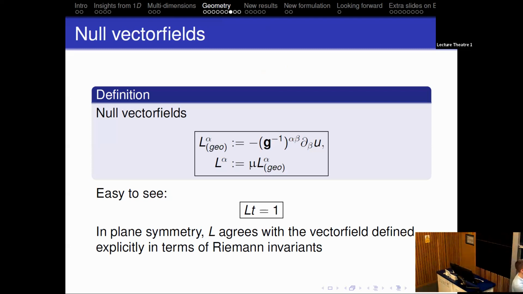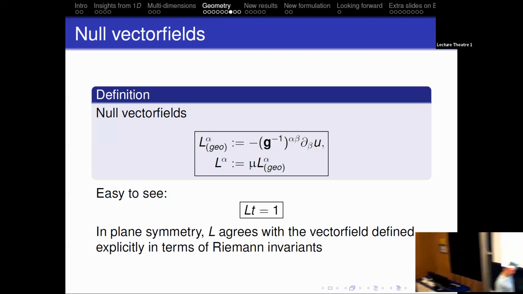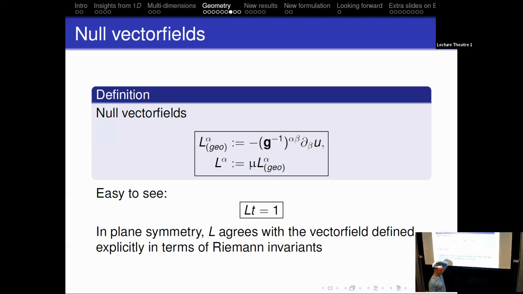Once you have constructed the eikonal function, you can construct vector field frames that are adapted to the flow. So this is done in many problems in mathematical relativity, and you can do it in fluid mechanics as well. You can construct the gradient geodesic vector field L_geo.